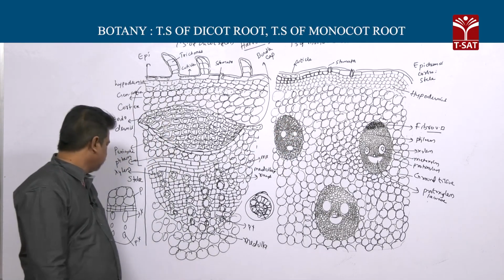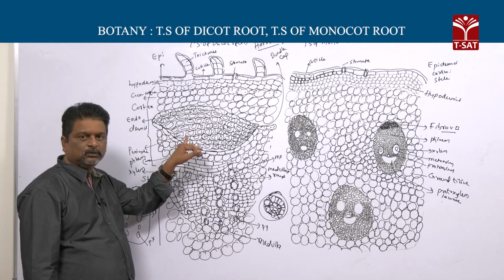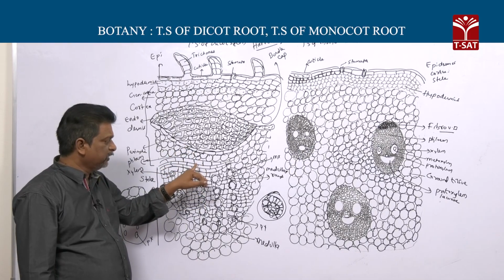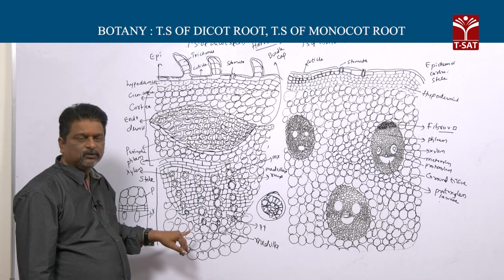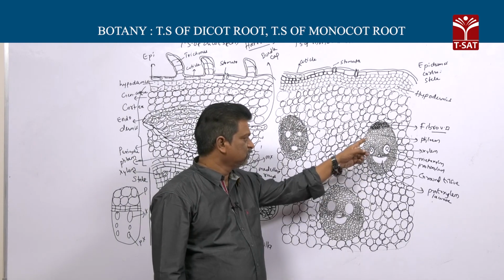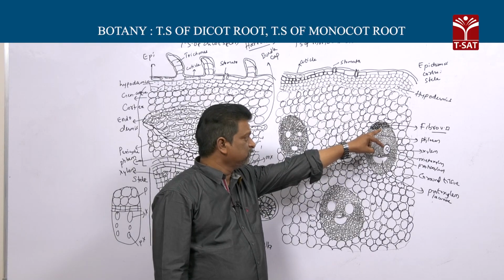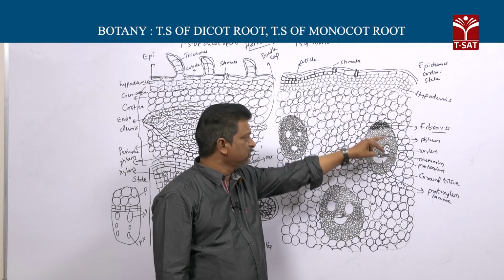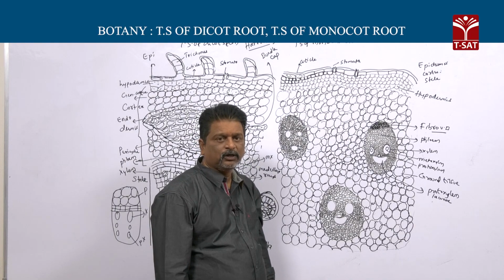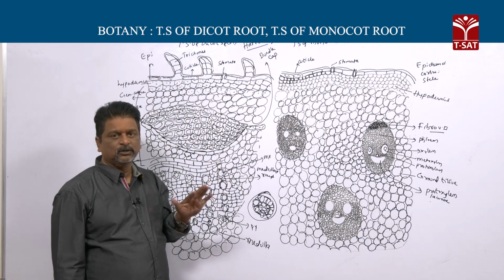Then, in dicot stem, vascular bundles are open, means between them cambium is present, rightly called collateral conjoint open. Monocot stem, vascular bundles are closed, means collateral, conjoint and closed.